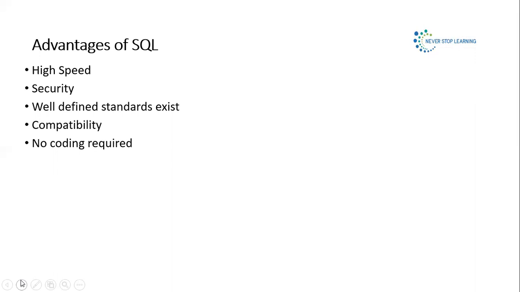Next point, we have security. With SQL database storage, we get security of all the data being in one place, and we can manage it very easily. Also, SQL provides different types of views, so that we can give authorization and limitation, like this person can see this much only.